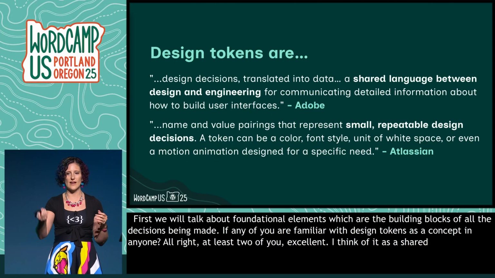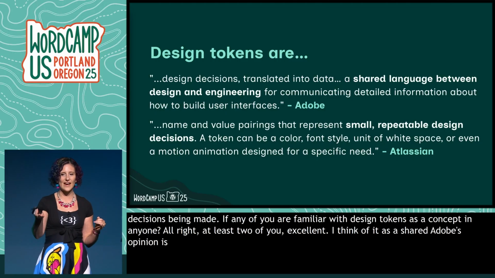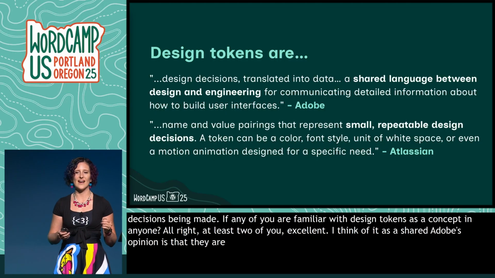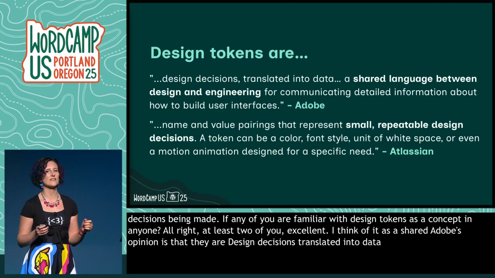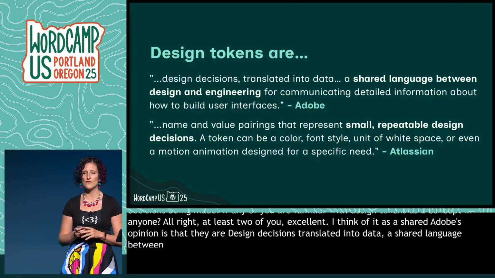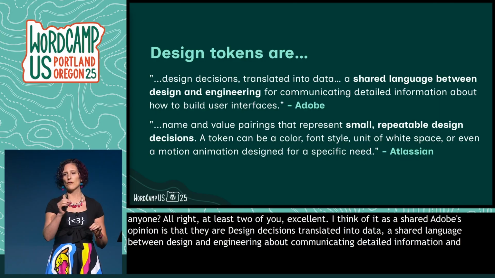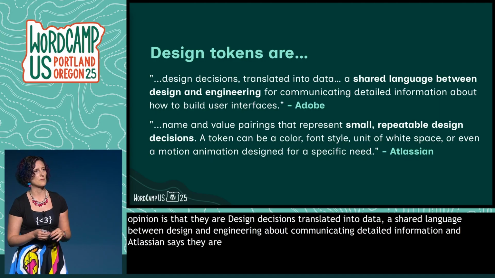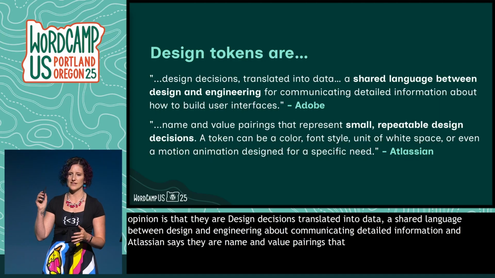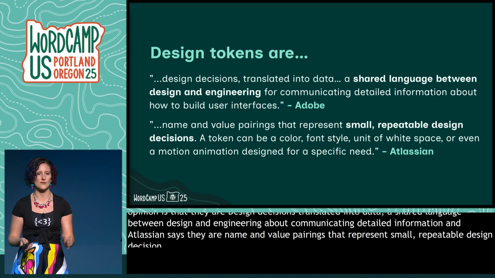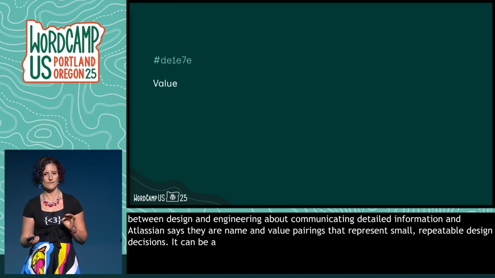Adobe's opinion is that they are design decisions translated into data, a shared language between design and engineering for communicating detailed information about how to build user interfaces. And Atlassian says that they are name and value pairings that represent small, repeatable design decisions. They can be a color, font style, white space, even an animation designed for a specific need. So they're very, very granular.